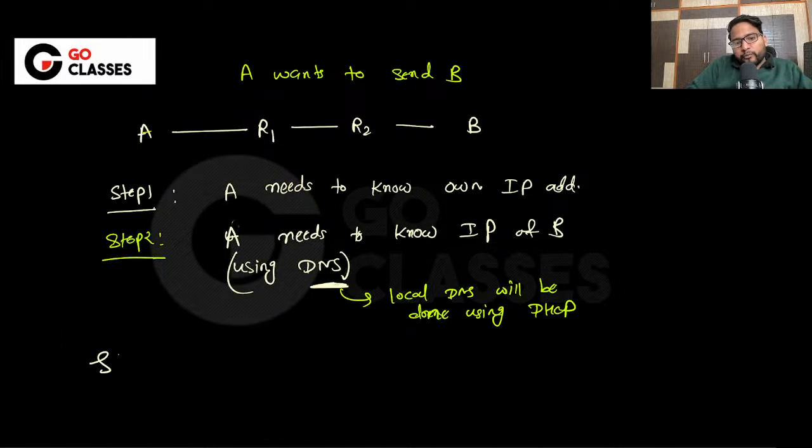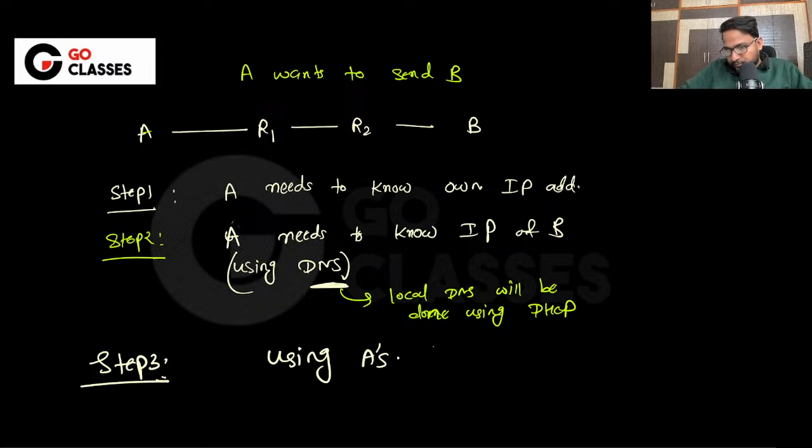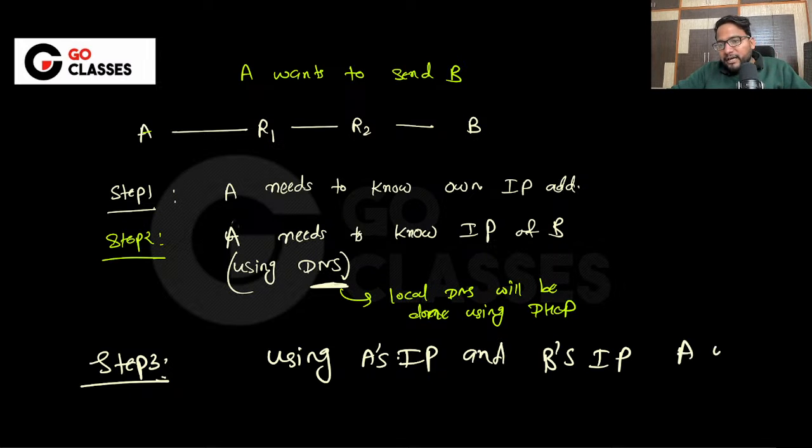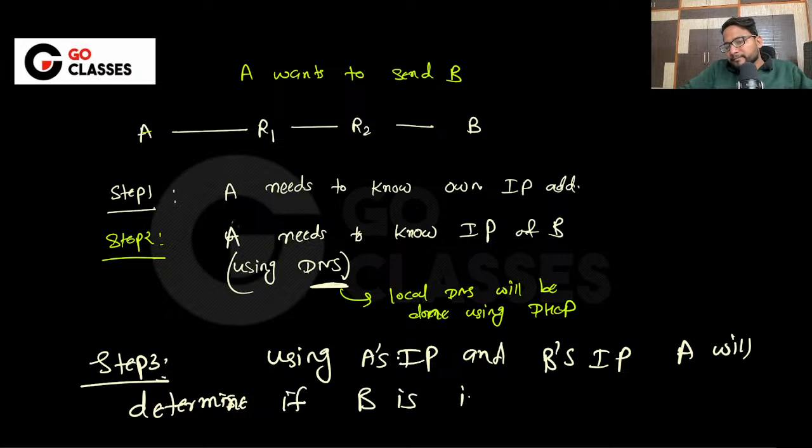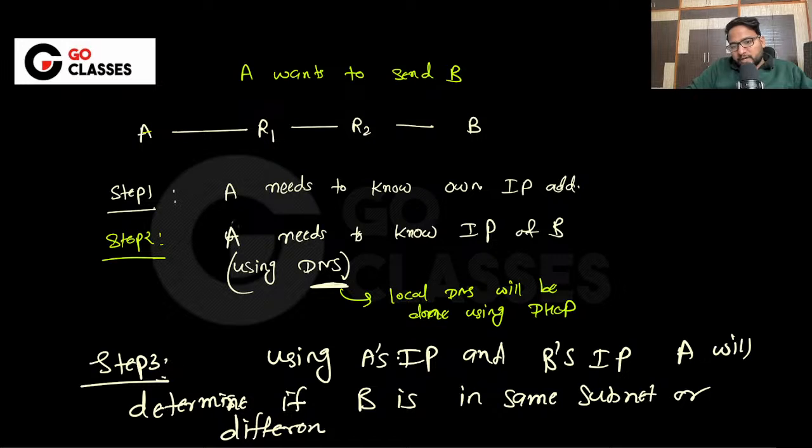It will check, using A's IP and B's IP, A will determine if B is in the same subnet or different, right?